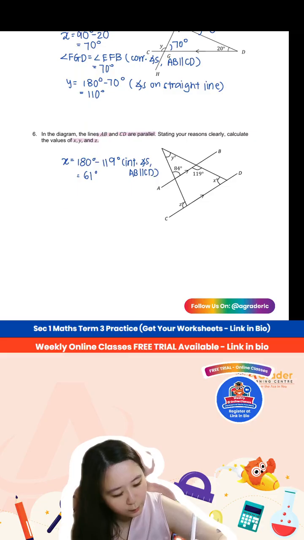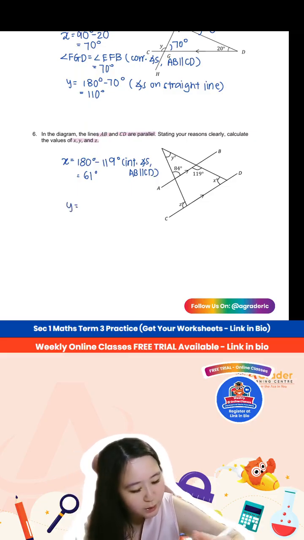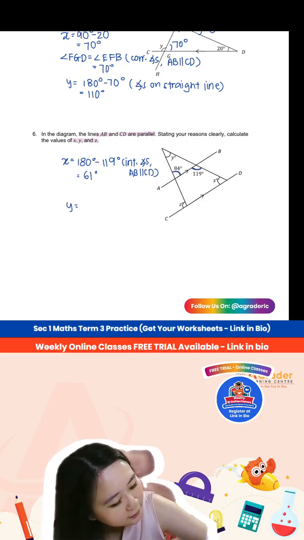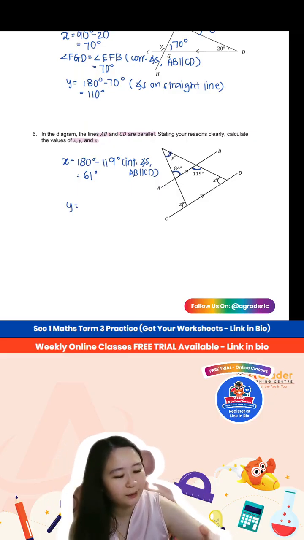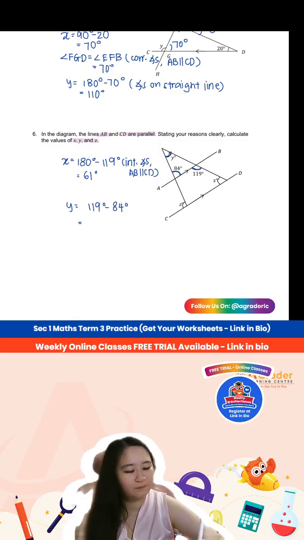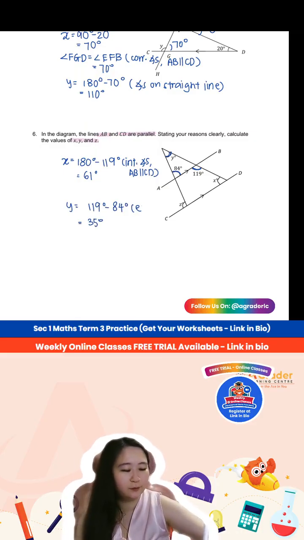Then angle y. To find y, you can use the exterior angle. So this 119 degrees is the exterior angle for these two angles. So you should get 35 degrees.